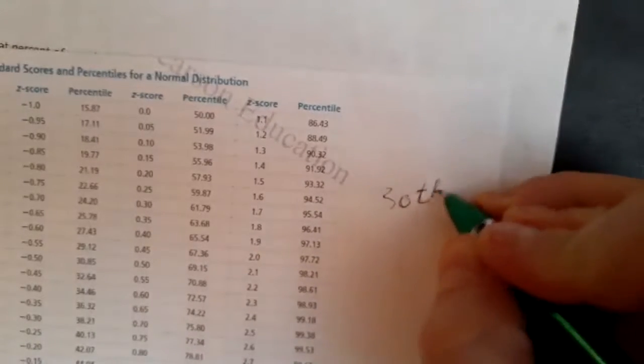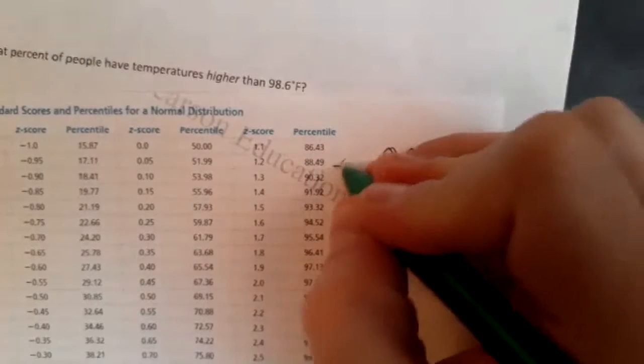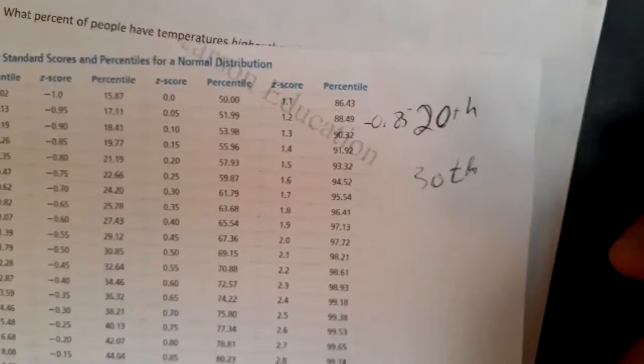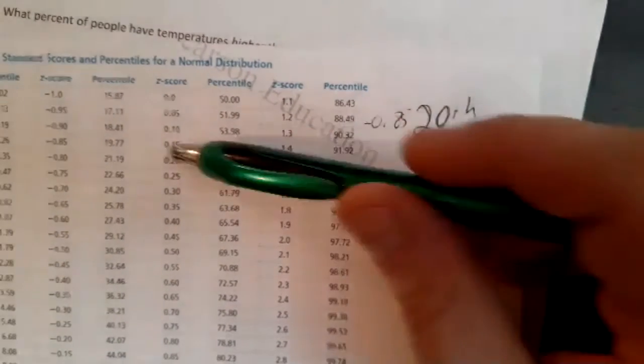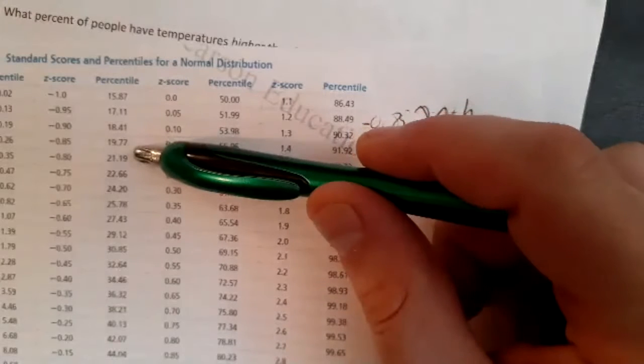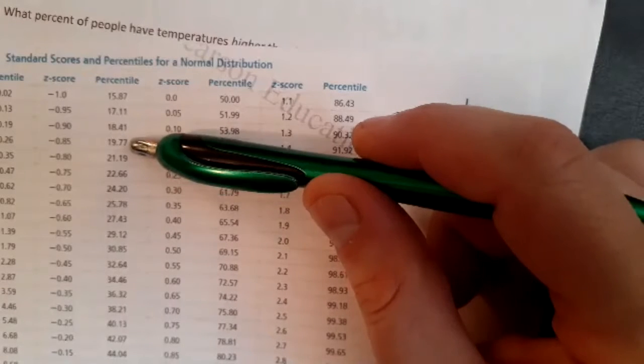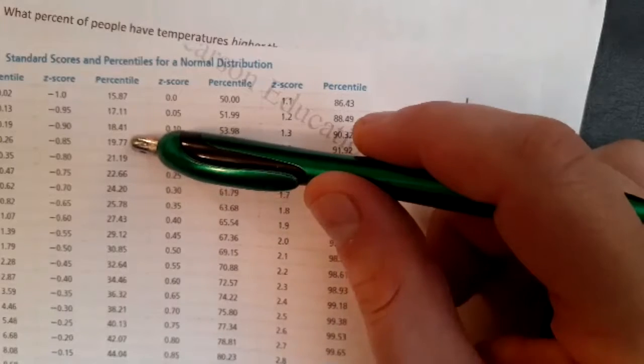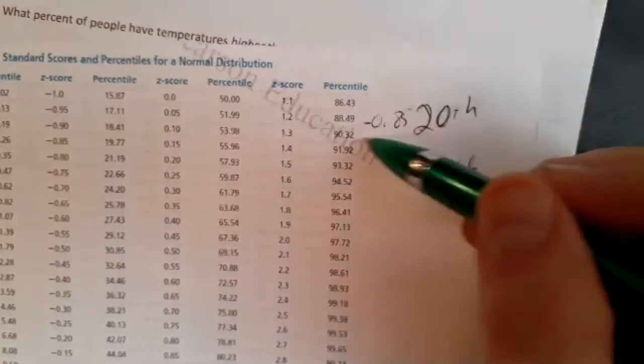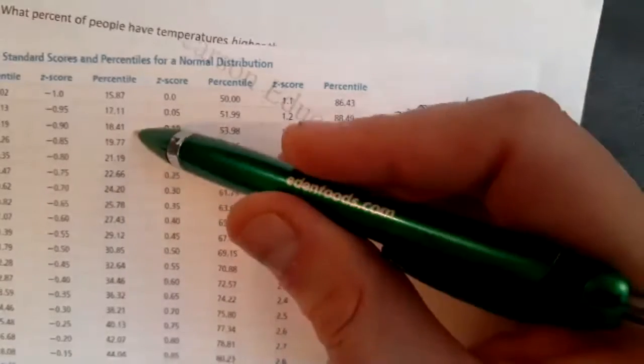So on this one, if I'm doing it right, it asks for the 20th percentile, and it shows 19.77 and 21. Do we just go between a z-score of negative 0.85 and negative 0.80? I would just pick one or the other, to be honest. I think I just picked negative 0.85. Is that closer? I'm not sure.